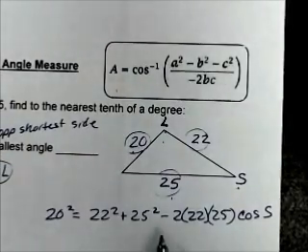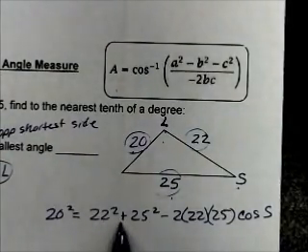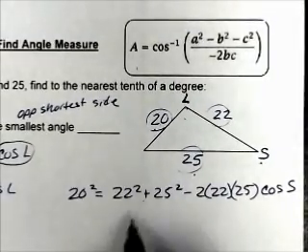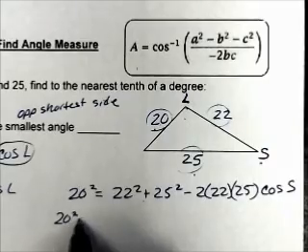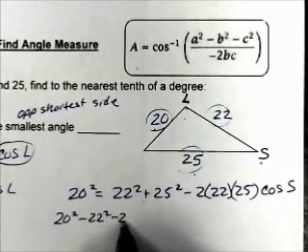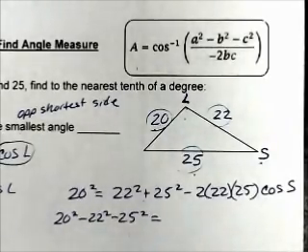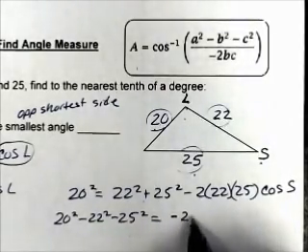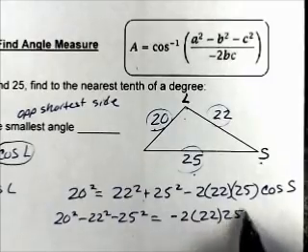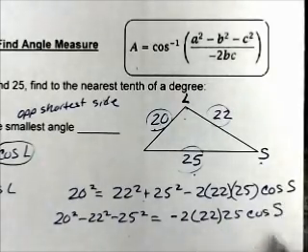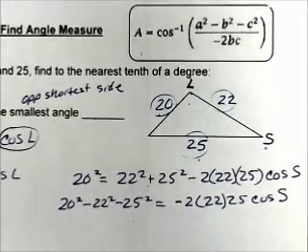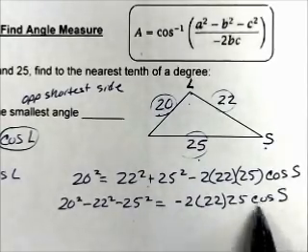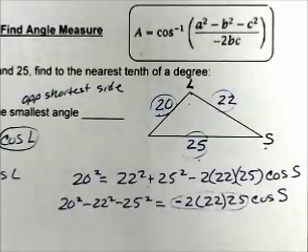Next we're going to bring these two things over to the other side. I'm not going to show that. So we're subtracting 22 squared and 25 squared from each side, and that's going to leave us with negative 2 times 22 times 25 times the cosine of angle S. Now this is all multiplication, so you're dividing by these three.